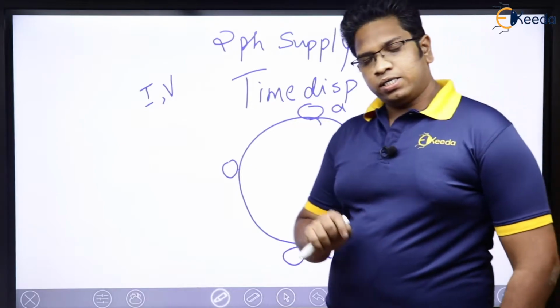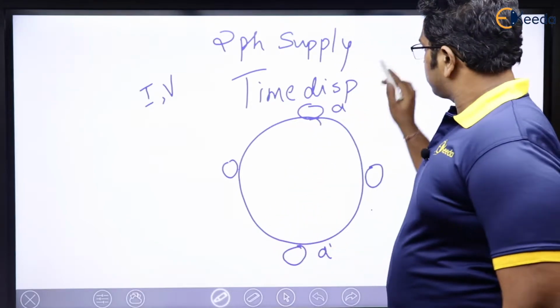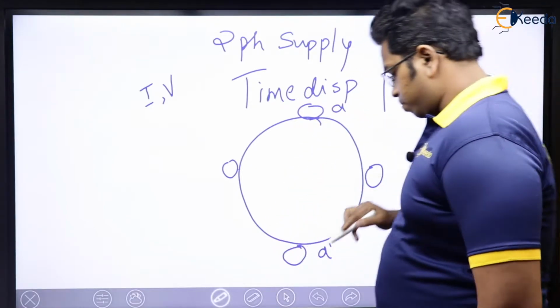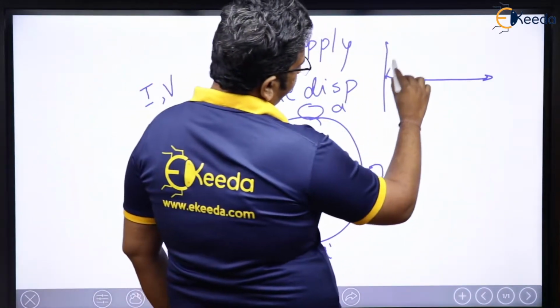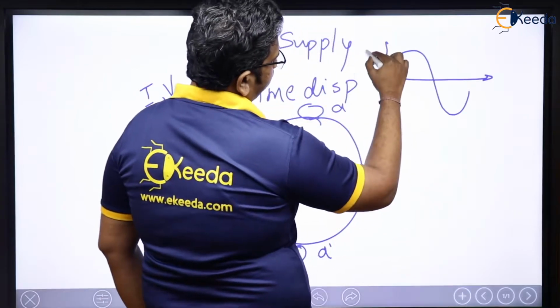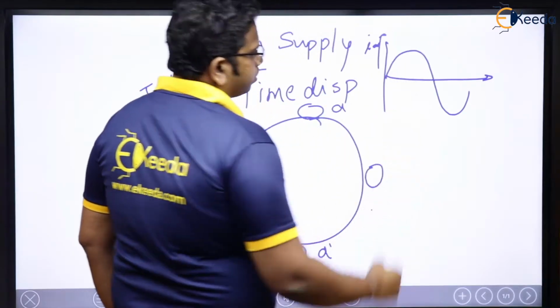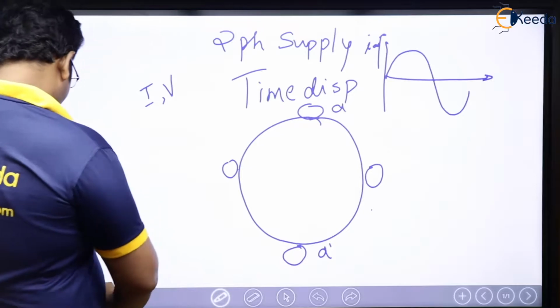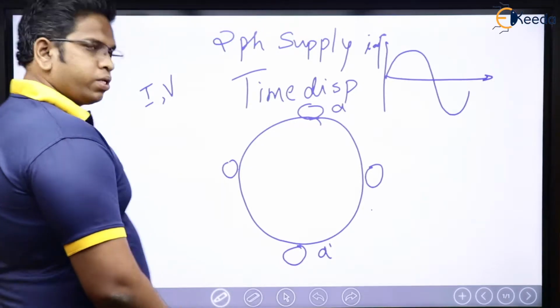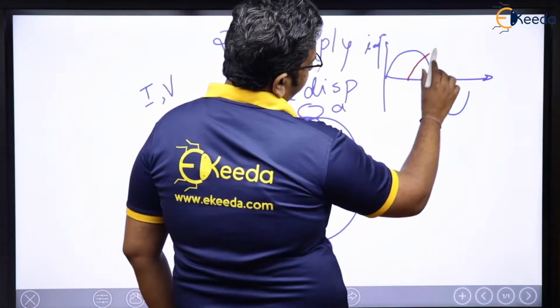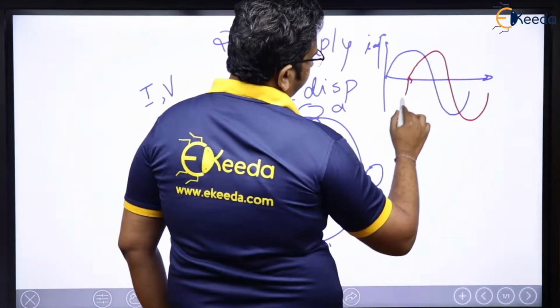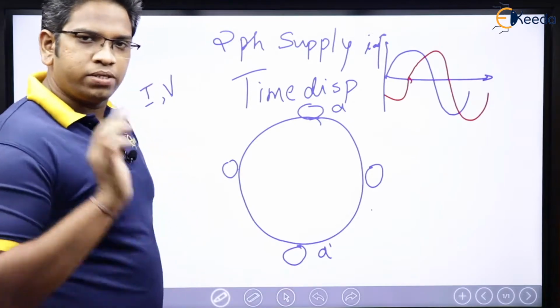Then we know that in a two-phase system like this, this is phase A, this is current IA, and whatever will be the phase B current, that has to be 90 degrees lagging to this. Already we know this from the basics.